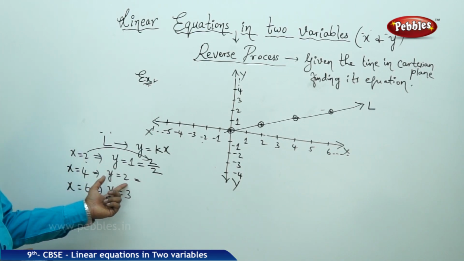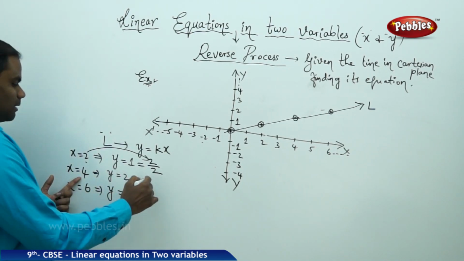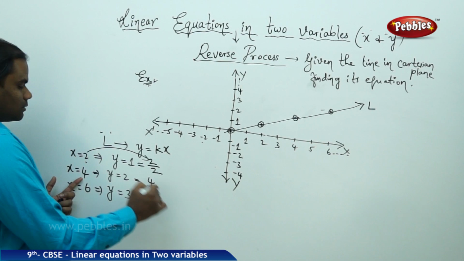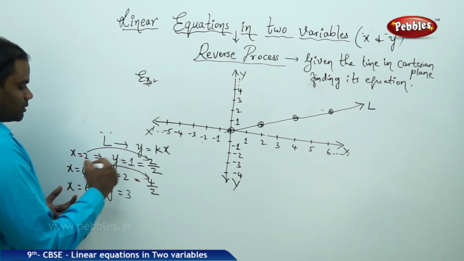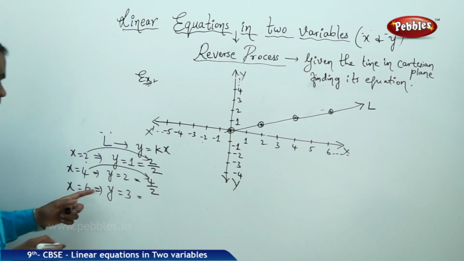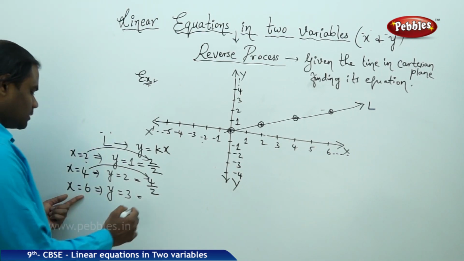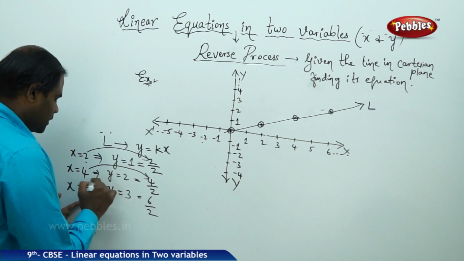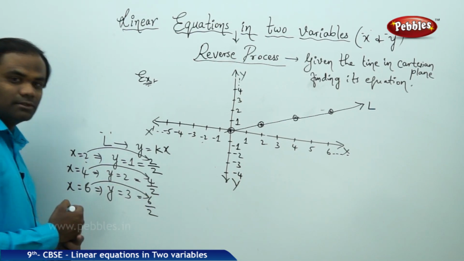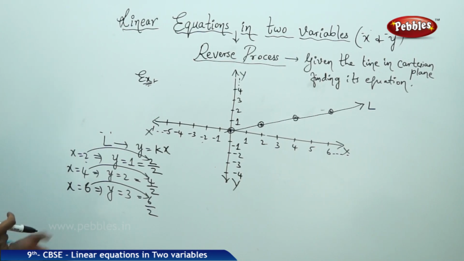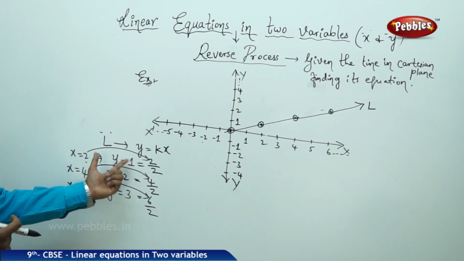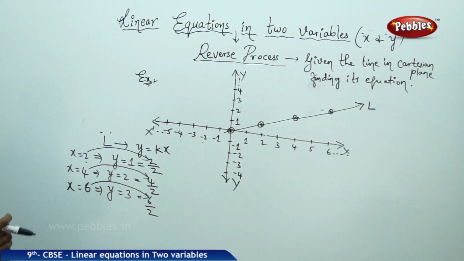Similarly, when I have y equal to 2, indirectly it is nothing but 4 by 2. So this 4 is coming into the numerator. Similarly, when I have y equal to 3, which is obtained from the third point, it is nothing but, in terms of x, 6 by 2, provided this gets connected with this. Clearly we see that every y value is half of the x value.